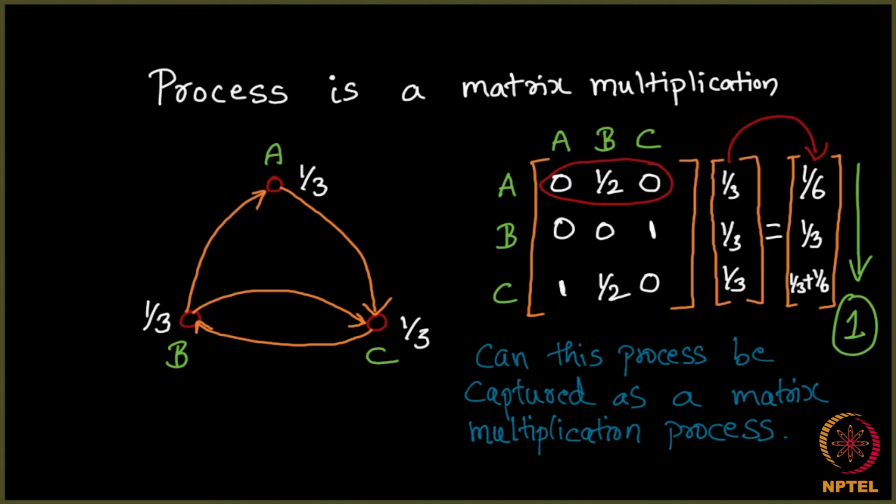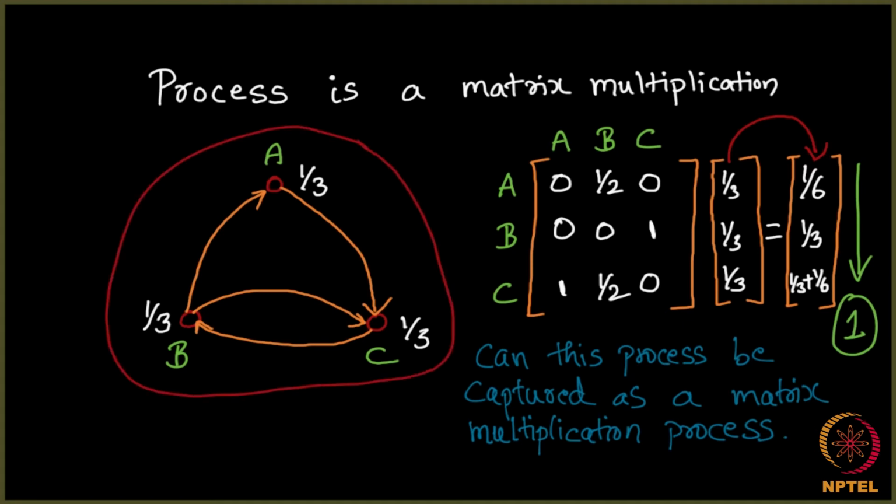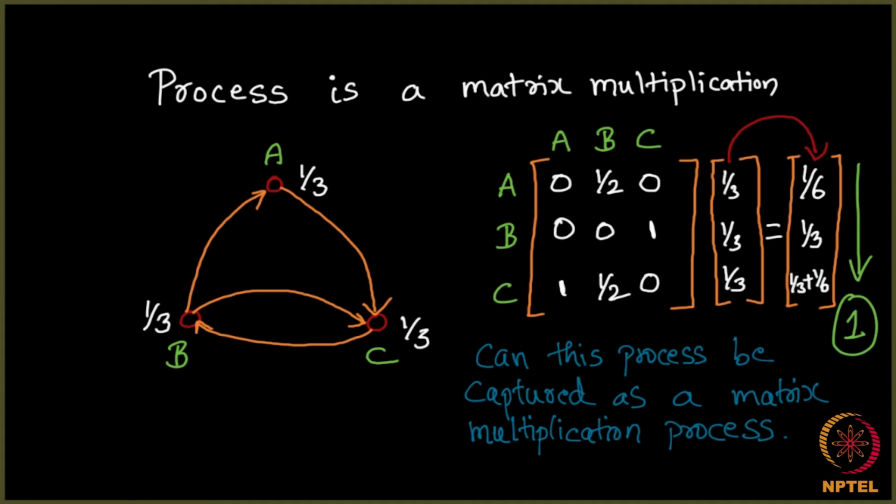Okay. So as you would have observed, this is precisely the process that's happening here, correct? So I'm just capturing it as a matrix. It's a straightforward thing. You can observe what's happening here. Take a couple of minutes and then observe it. We'll go to the next slide and we will see what this has to do with PageRank.